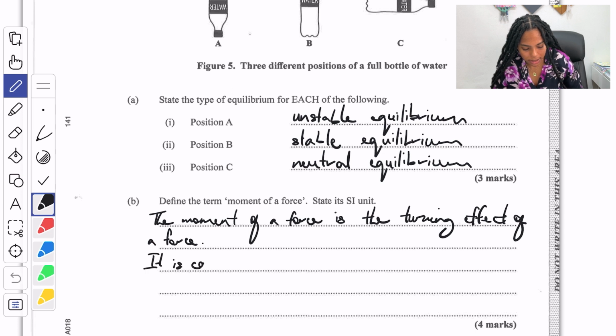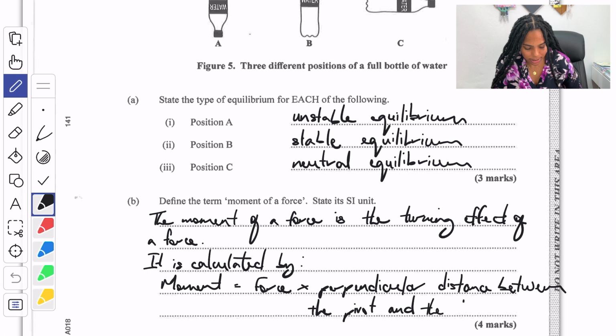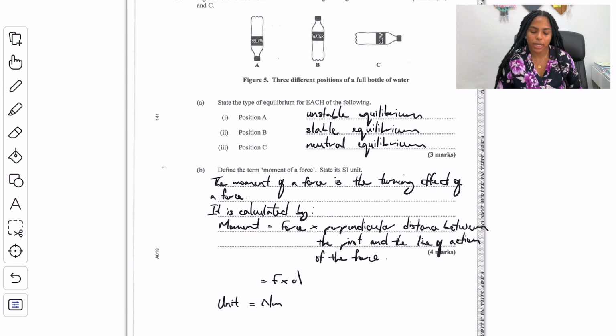It is calculated by moment is equal to force times perpendicular distance between the pivot and the line of action of the force, which we tend to write as F by D, and then I'll say the unit is Newton meter, just to be safe because it's a whole 4 marks.